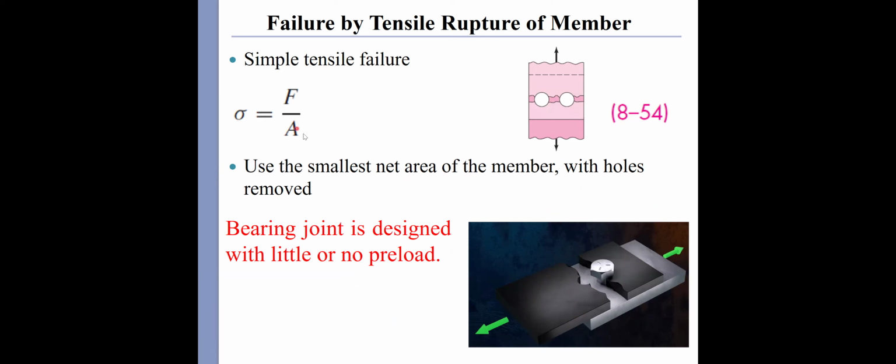Most cases occur in the bearing joint. What is a bearing joint? It's designed with little or no preload. If your preload is not enough, or there's no preload, there's a high possibility of this tensile failure.